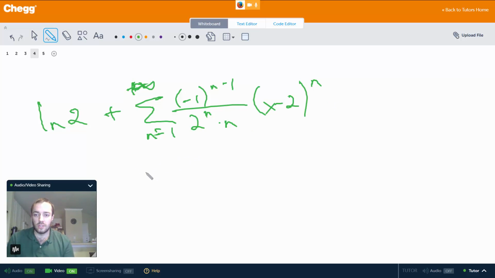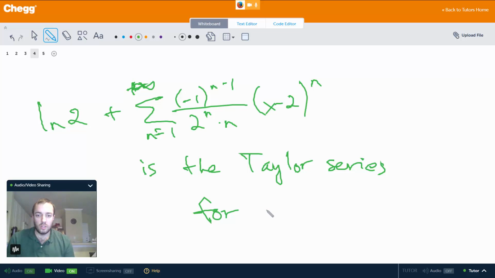This is the Taylor series for natural log of x centered at x equals 2.